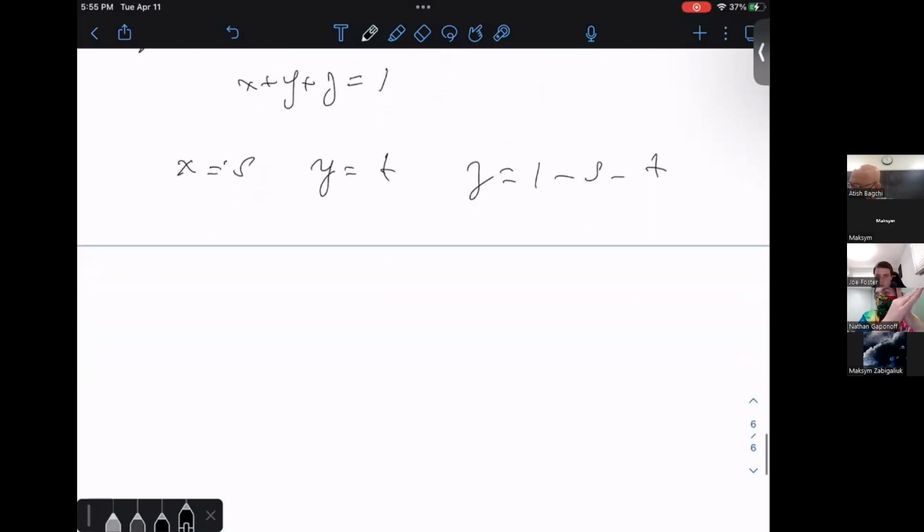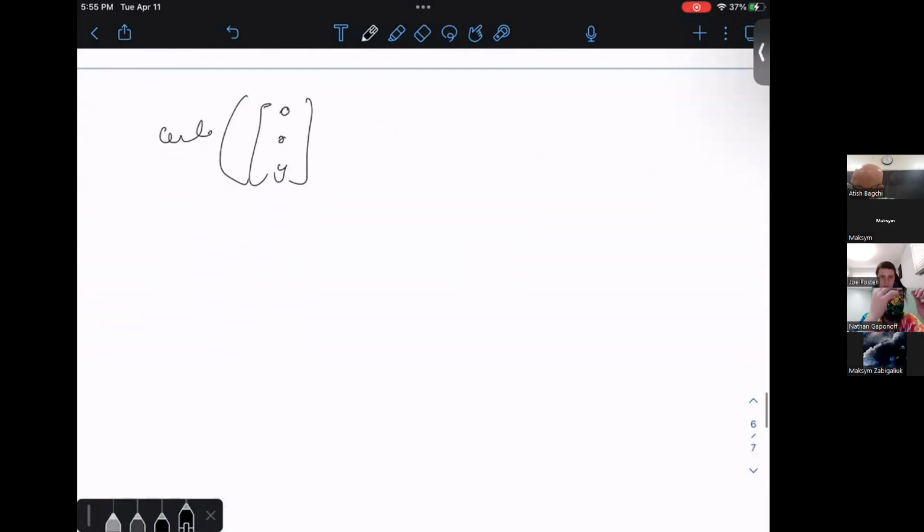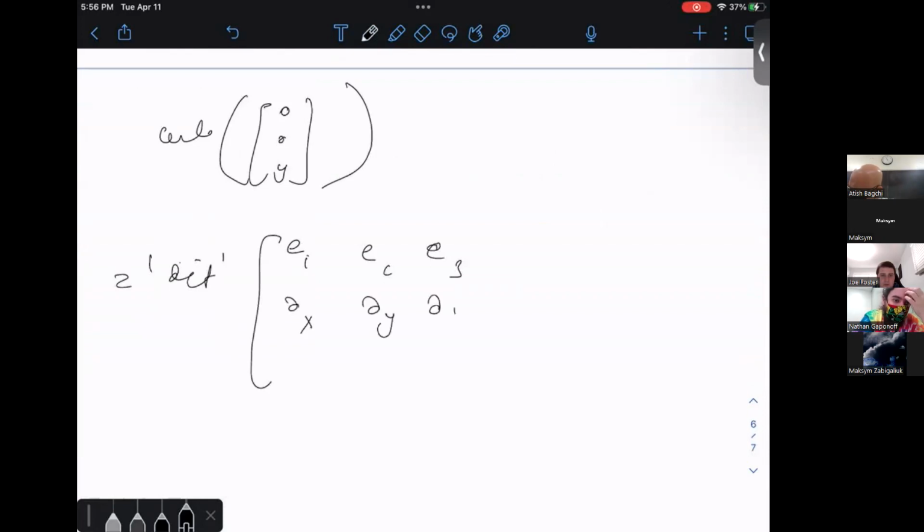And we have to integrate the curl. The curl of (0, 0, y) is, I think I calculated that. This is the determinant of E1, E2, E3; del x, del y, del z; 0, 0, y.